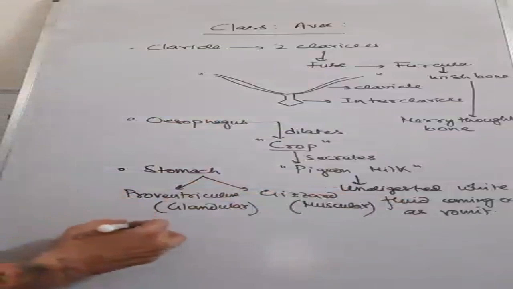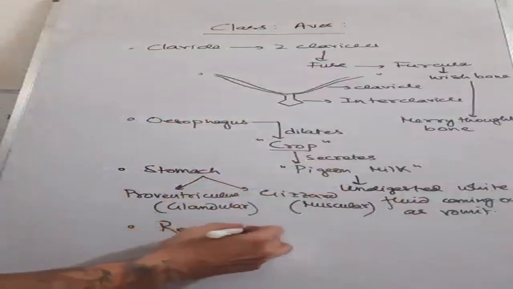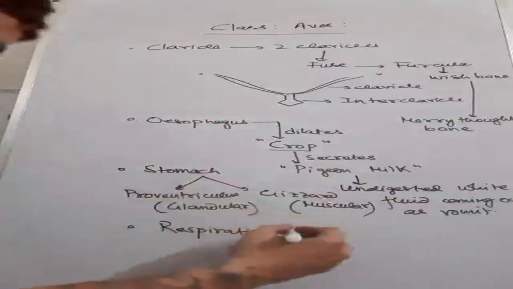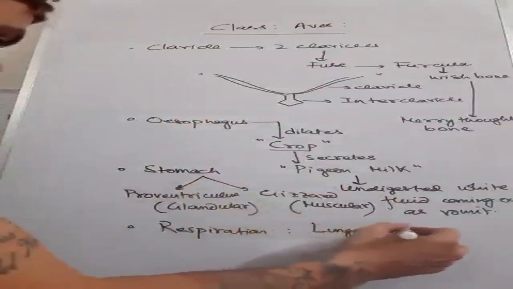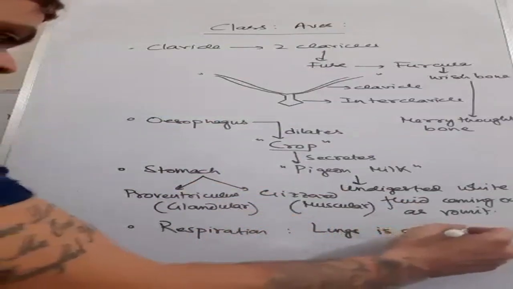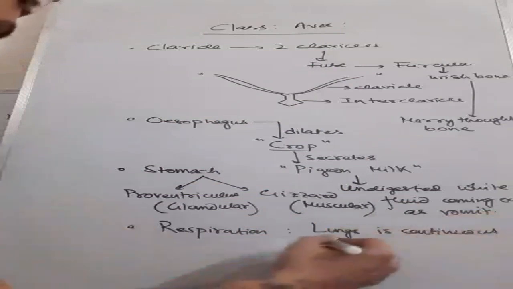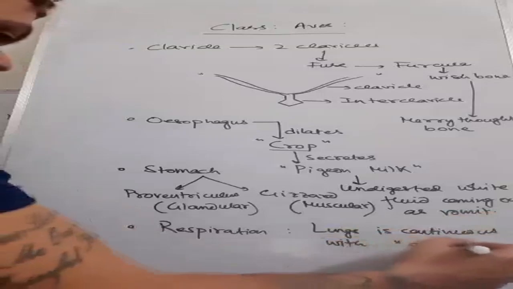Now, when we talk about respiration, they have lungs. That is true. They have lungs, but these lungs are continuous with air sacs. I'll tell you one very interesting thing here.